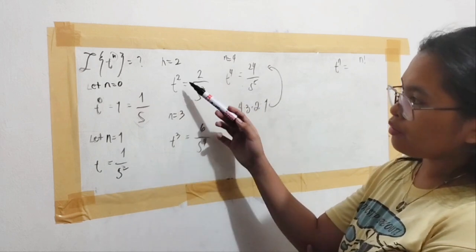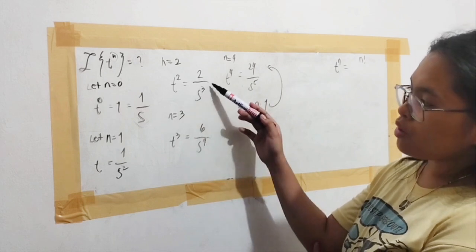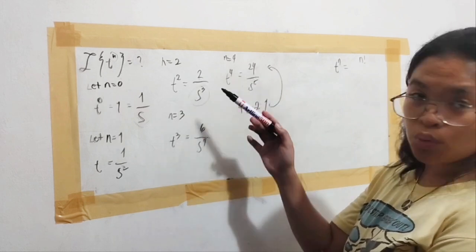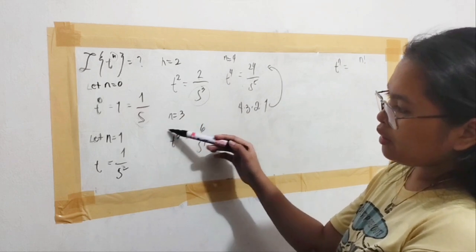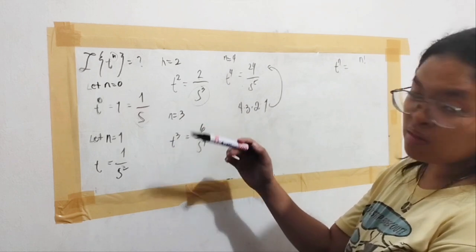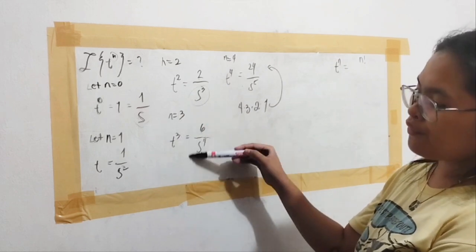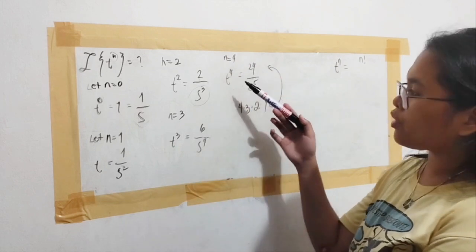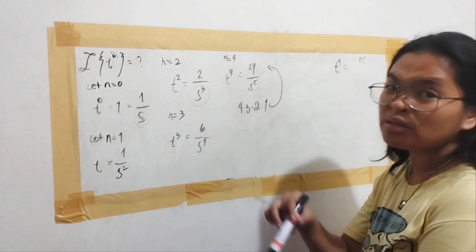Here, when n is 2, the denominator is s cubed. And here, n is equal to 3, we have s raised to 4. We have n equal to 4, we have s raised to the 5th.